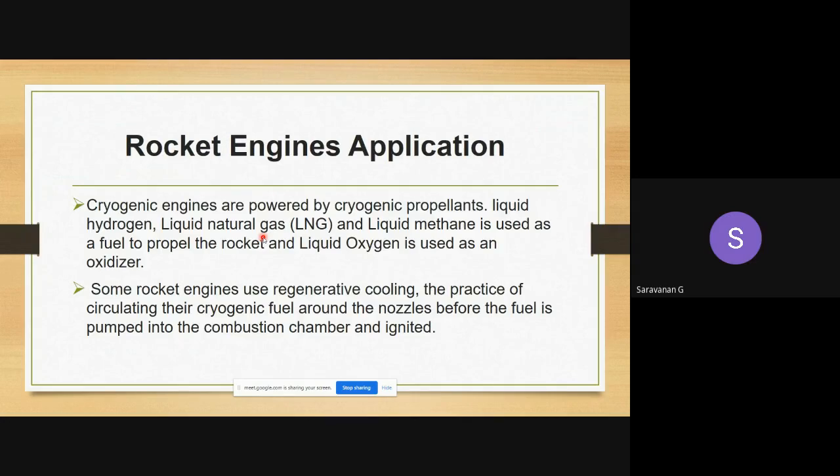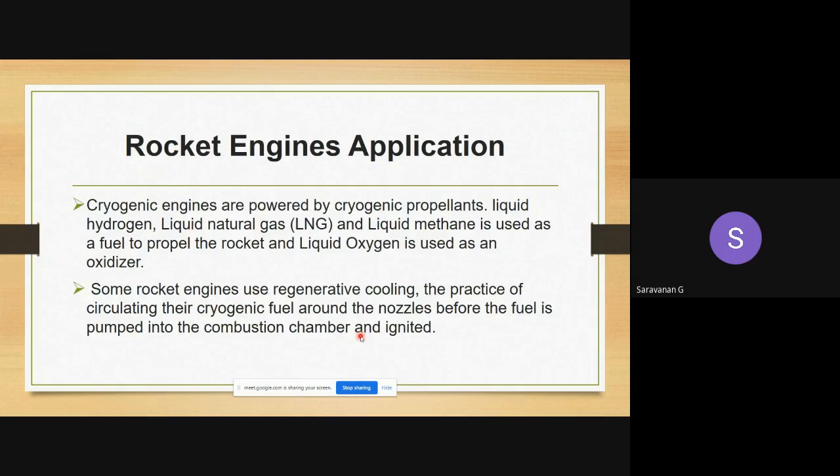We know there is heat generated by the combustion of the fuels, so we have to cool down the system. For that we use an adapted system known as regenerative cooling. We circulate the cryogenic fuel around the nozzles before the fuel is pumped into the chamber and ignited. That is called regenerative cooling. The cryogenic fuel we are already using for combustion as propellant, fuel and oxidizer is also used to cool down the hot gases around the nozzle exit.